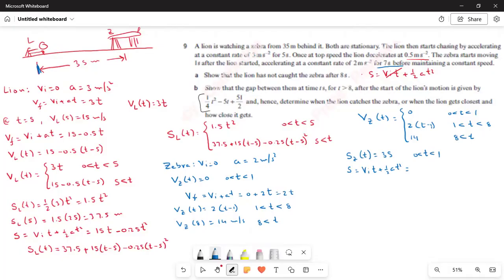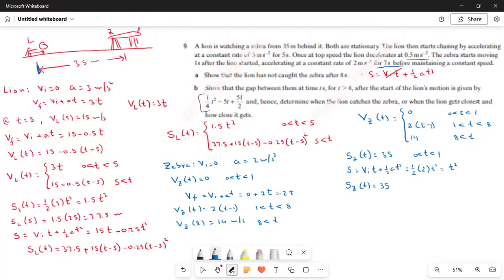So vi was 0 and half, and acceleration of the zebra was 2, t squared. So this is simply t squared. Sorry, this is distance, not speed. Okay, distance of zebra. It has already traveled a distance of 35 meters.